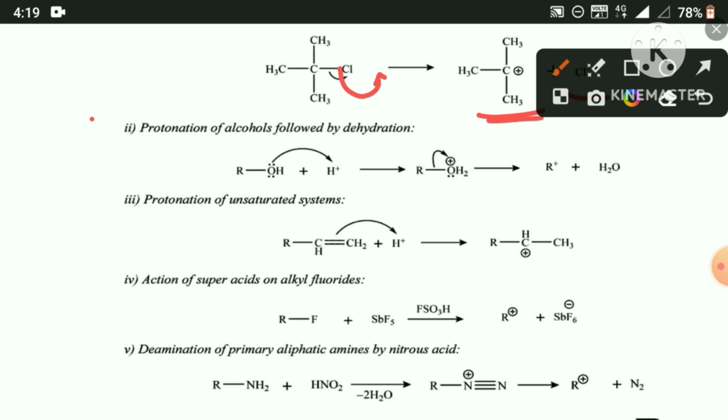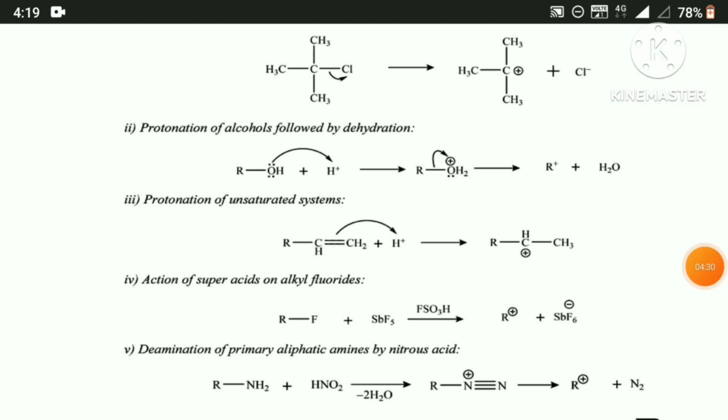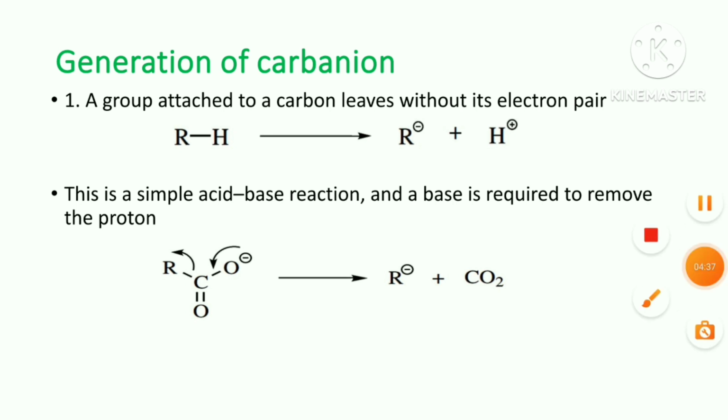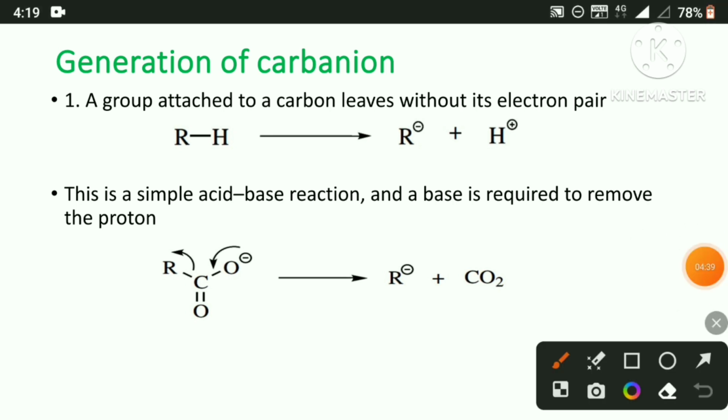So let's see the generation of carbanions. Carbanions are generated by heterolytic fission of the carbon bonded with another atom.